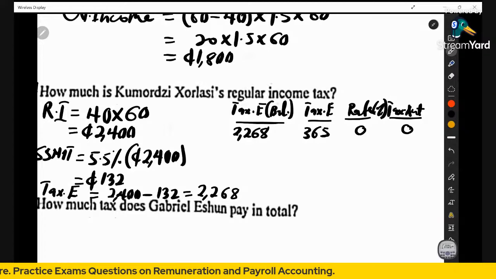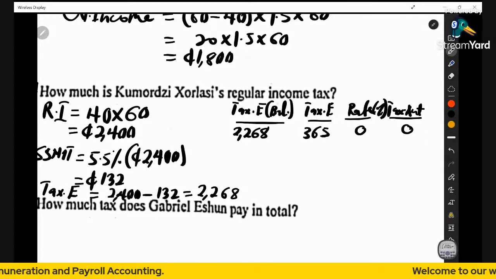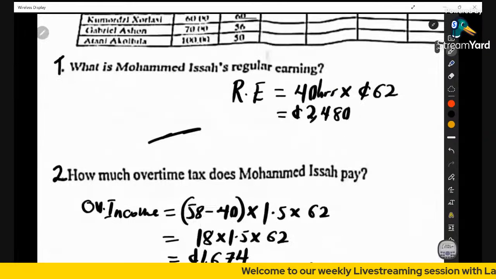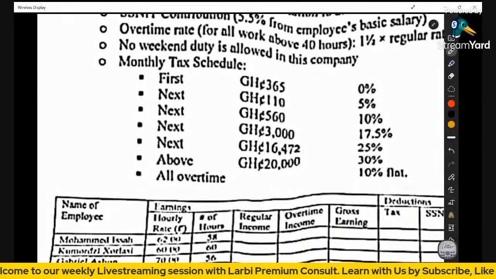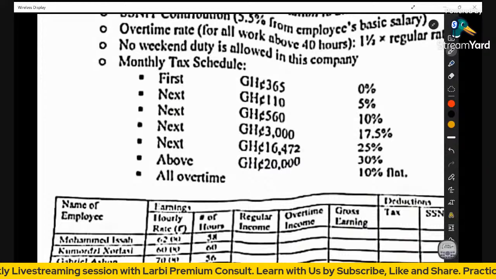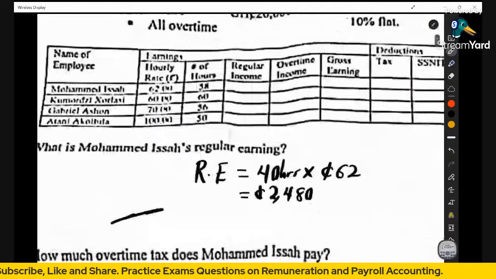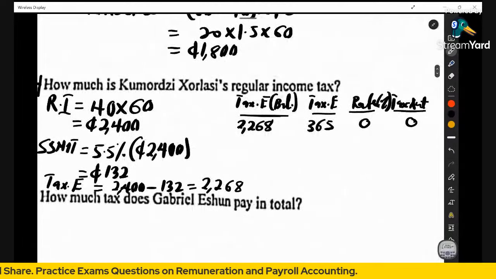Okay. So once you're able to compute the first schedule, for you to compute the next schedule, you must subtract the taxable earning that was given as a schedule here from the total taxable earning that the employee is supposed to pay tax on. So once you calculate the tax on the taxable earning, you subtract from the total taxable earning so that we get to know the balance. That's why I refer to that as the taxable earning bracket balance.